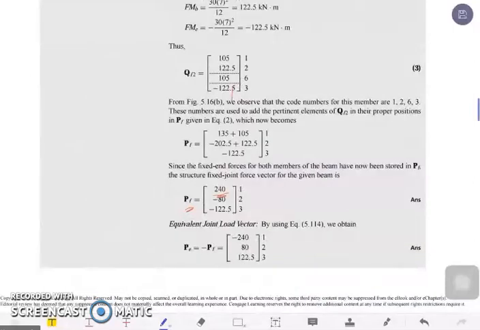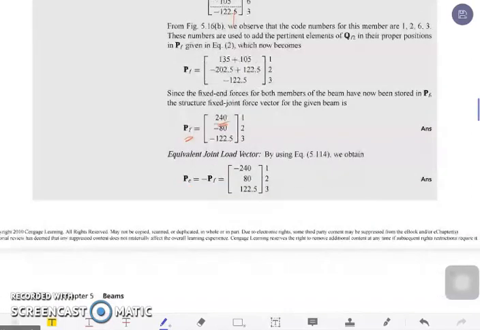Then afterwards, once you have the value for P sub F, you could identify the equivalent joint load vector. The equivalent joint load vector, P sub E, is equivalent to the negative of your structure fixed joint force vector, or P sub E is equivalent to negative P sub F. So you simply multiply your value for P sub F by negative.